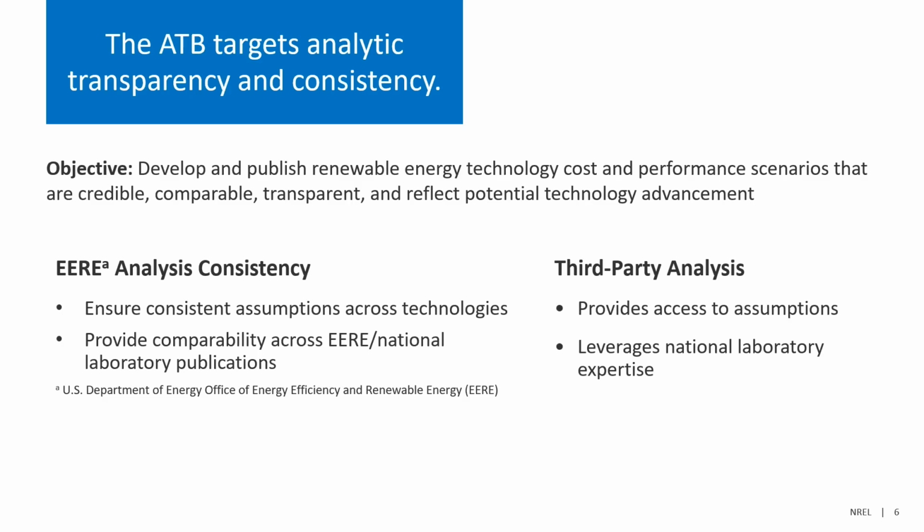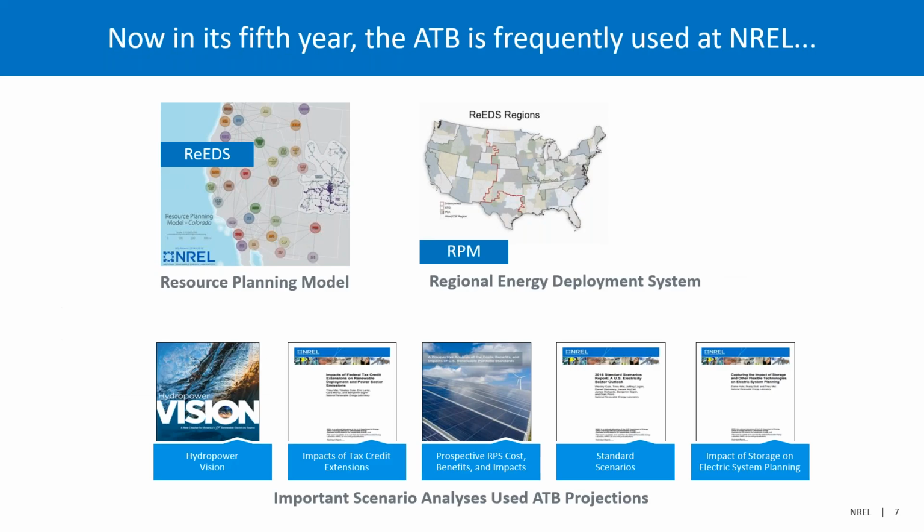Let's get started with the overview of the ATB. So the ATB documents a transparent and consistent set of data that supports analysis sponsored by the Department of Energy, Energy Efficiency and Renewable Energy Office, and is made available publicly to other analysts. ATB is widely used in NREL analysis across a variety of analytic products.